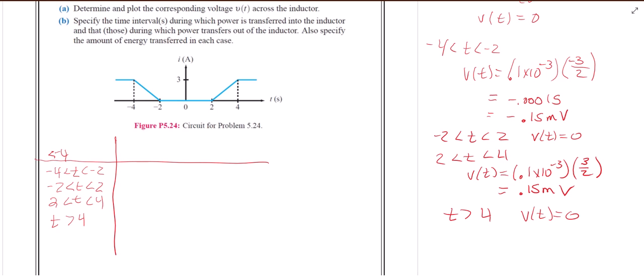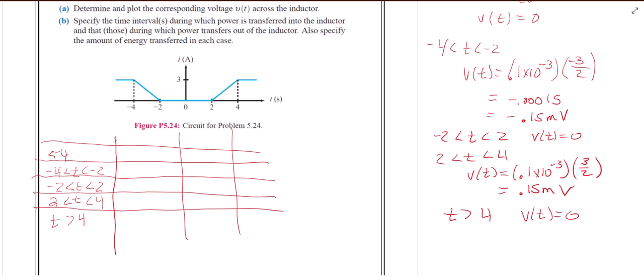And in each of these time intervals, let's take a look at the current and the voltage. We just found the voltage, so I'll fill those in here. So the voltage, we had 0 here, 0 here, 0 here, -0.15 here, and +0.15 here.